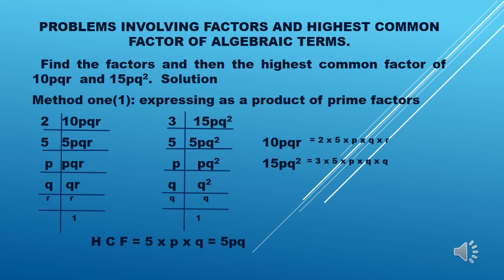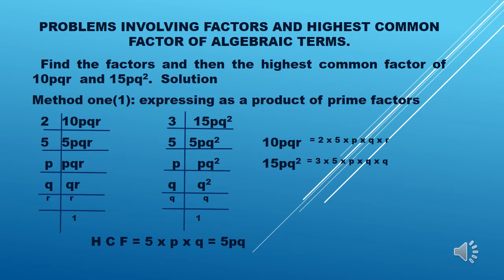Then we pair them. By pairing, we look at the numbers that appear in both. We have 2 in 10, but 2 is not in 15. We have 5 in 10 and also 5 in 15, so 5 is common. We'll pick 5. Another factor that appears in both is p.